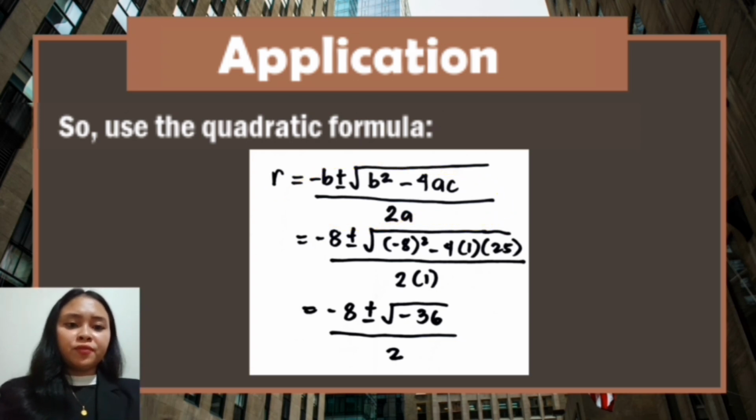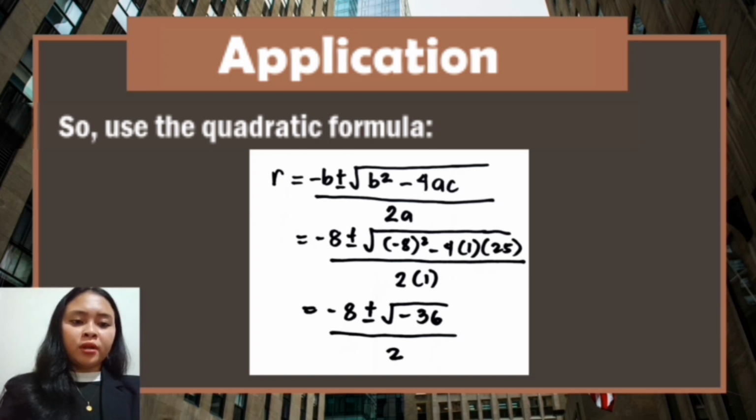So substitute the values. We have negative 8 plus or minus the square root of negative 8 squared minus 4 times 1 times 25, all over 2 times 1.